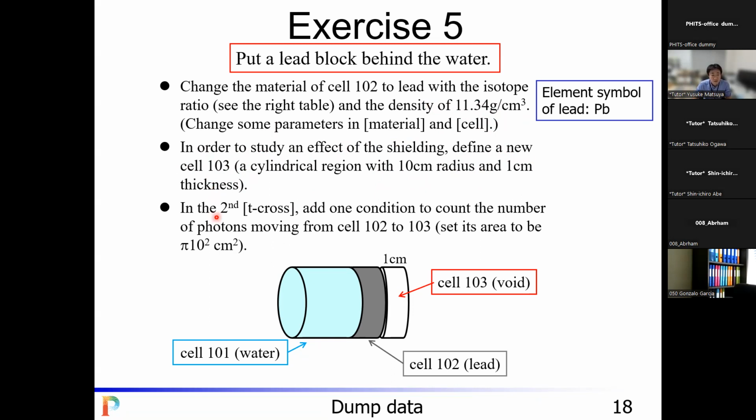Third, in the second T-cross tally, please add one condition to count the number of photons moving from cell ID number 102 to 103. Set its area to be pi times 10 squared in centimeter squared.